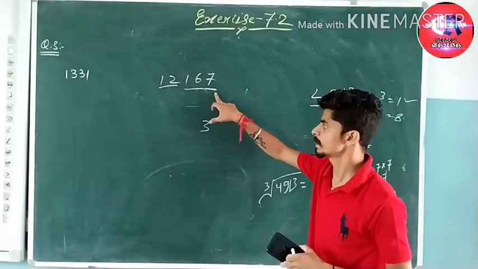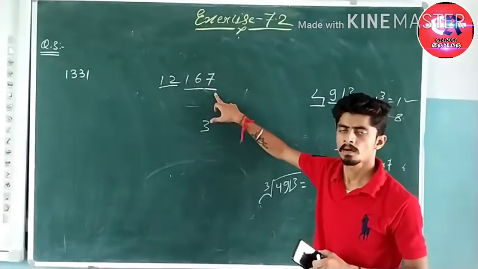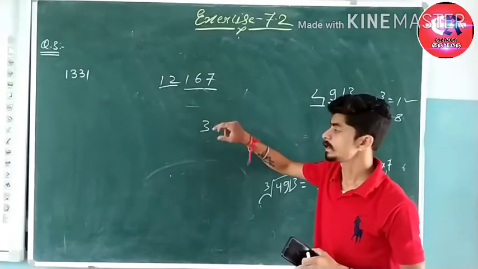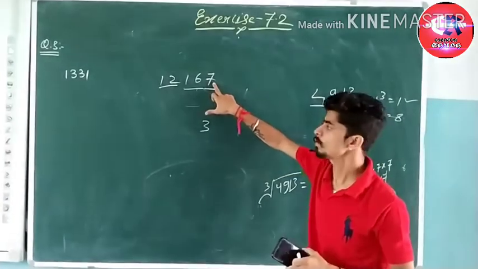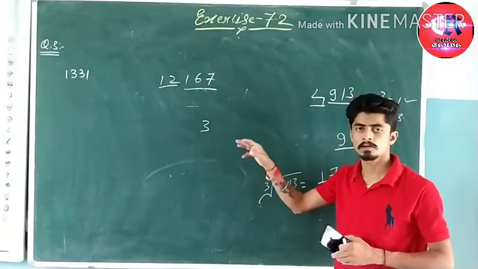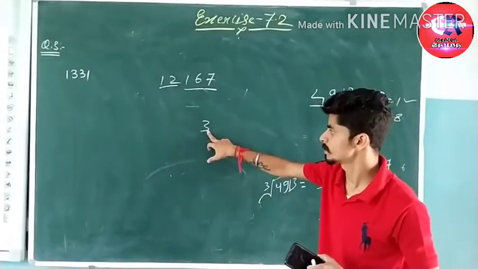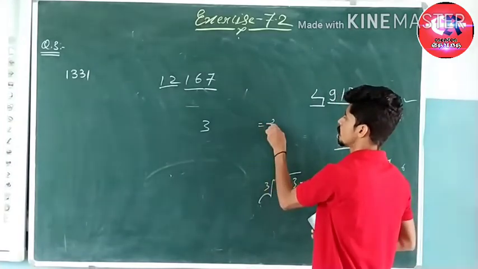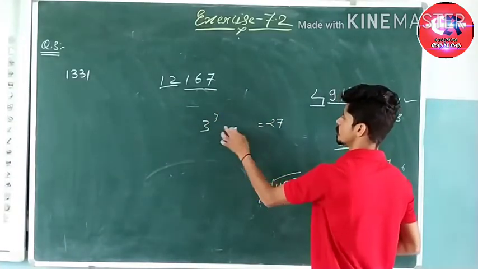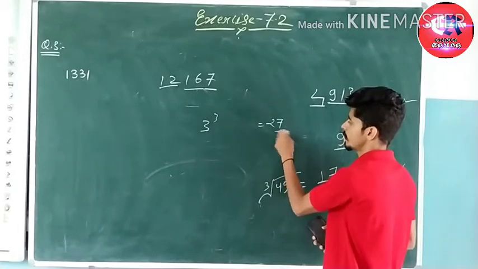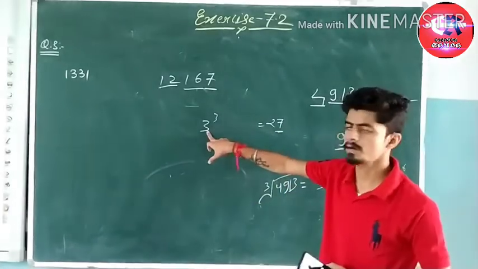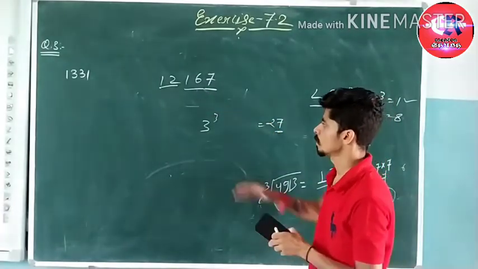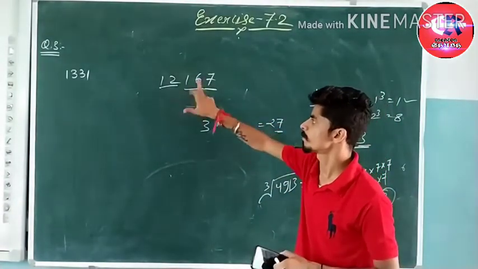When considering 167, we find a number whose cube ends in 7. The cube of 3 is equal to 27 and the unit place is 7. This is the only number whose cube has that unit place. So we get 3 from here.